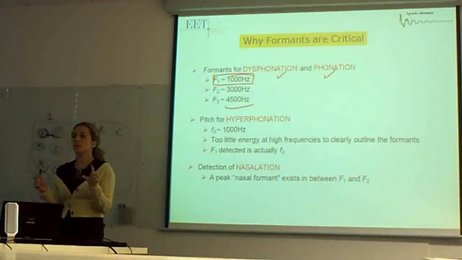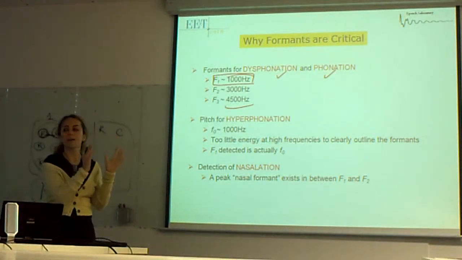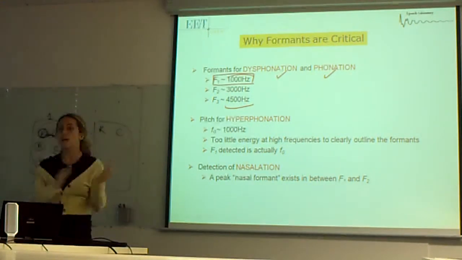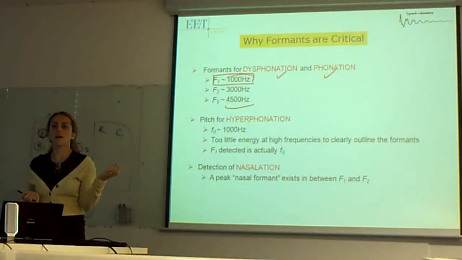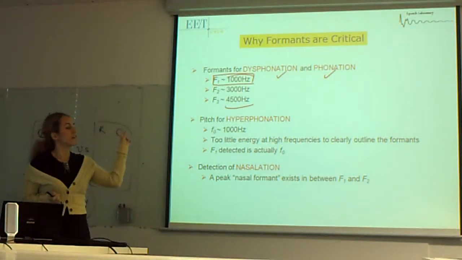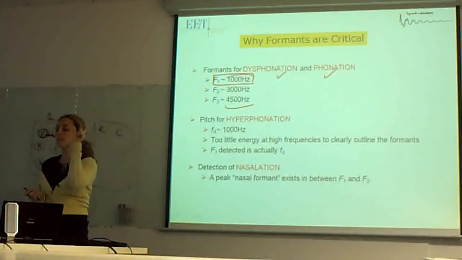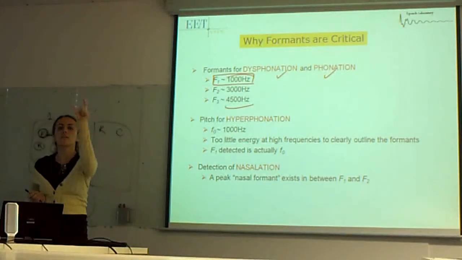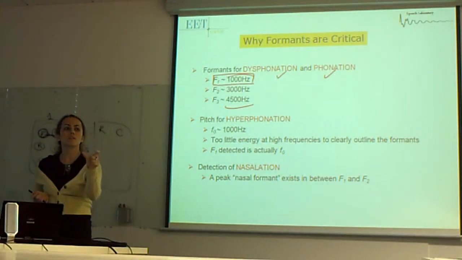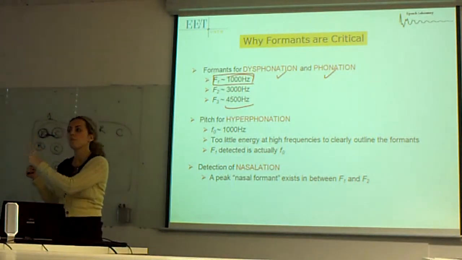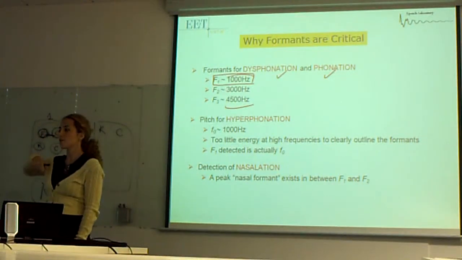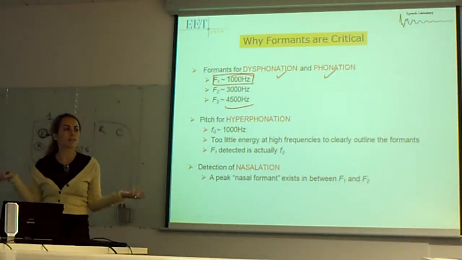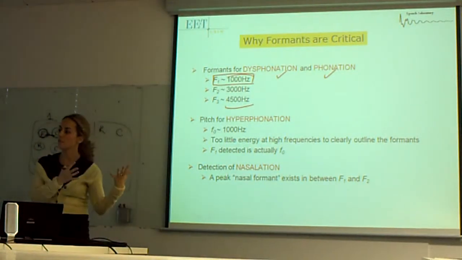So the next thing would be, okay, we cannot really compare the phonation of one infant with the hyperphonation of another infant because it's totally misleading. If we compare these two, and the phonation has, for example, a pitch frequency of 300 and the hyperphonation of 1000 hertz, then you would say this is abnormal because the pitch frequency is very high. But it's not really true, because this is hyperphonation, this is phonation, a pitch contribution.